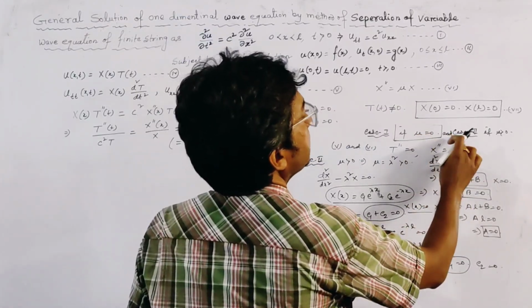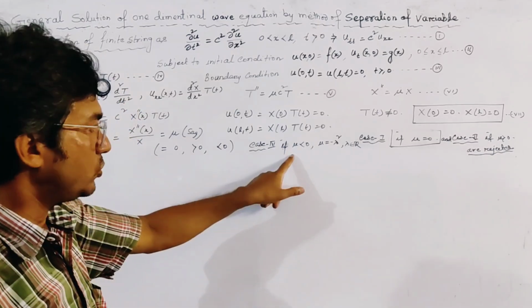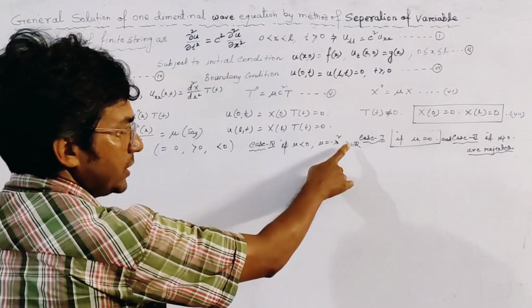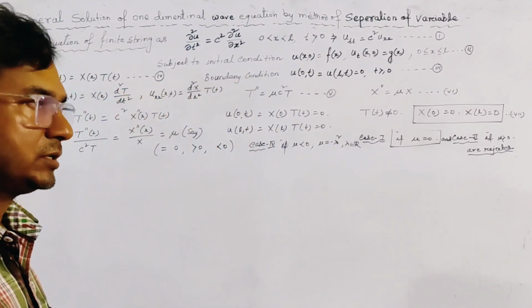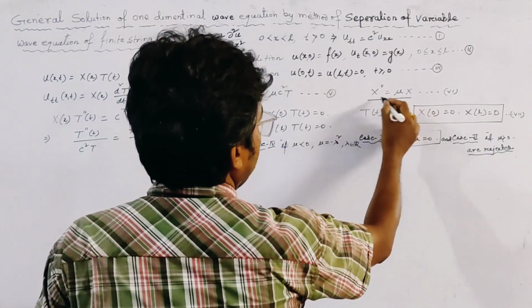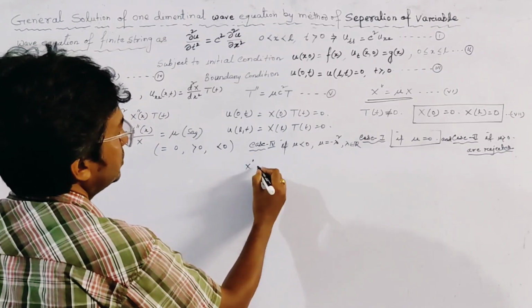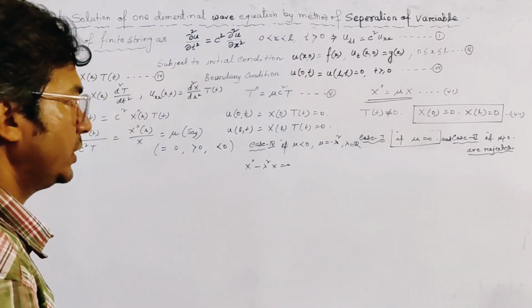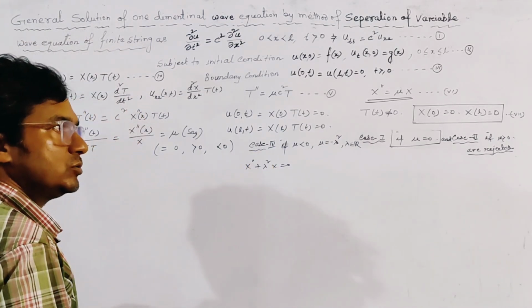So case 1, mu equal to 0, and case 2, mu greater than 0, are rejected. When mu is less than 0, we take mu equal to minus lambda square, where lambda belongs to capital R, that is, real numbers. In this case we solve this equation first: X double dot plus lambda square X equal to 0.